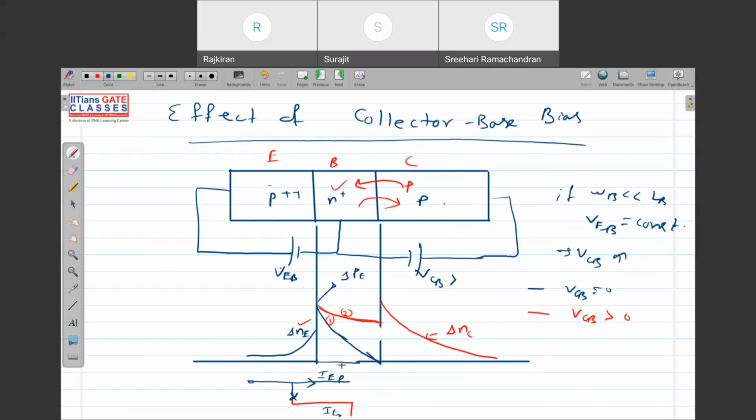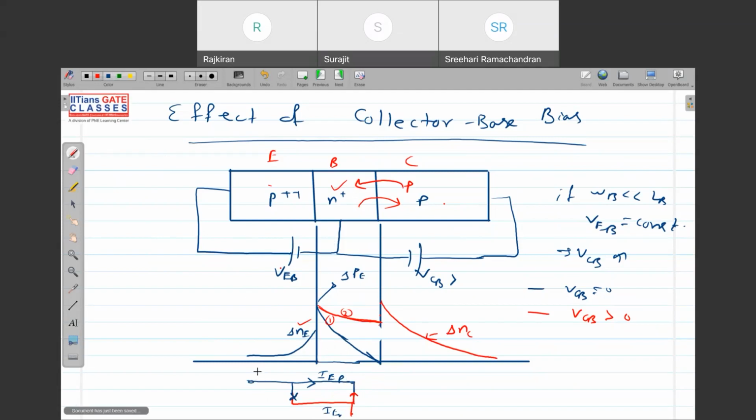And the holes injected here will recombine with the electrons. So this base will inject electrons from base to emitter, and it will supply the electrons which have been lost because of the recombination with the holes.